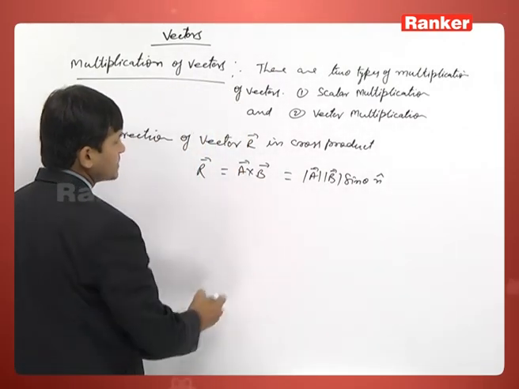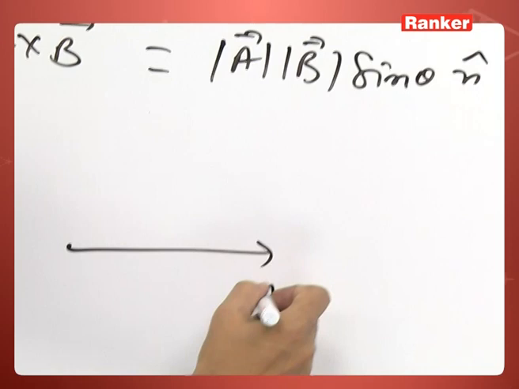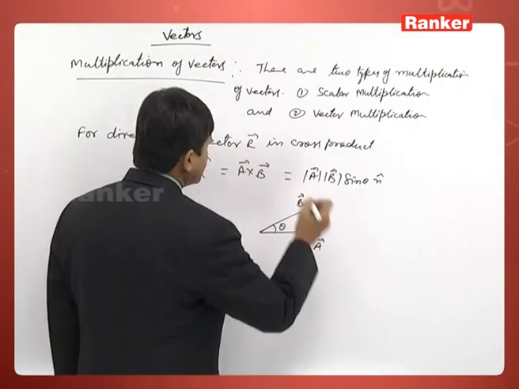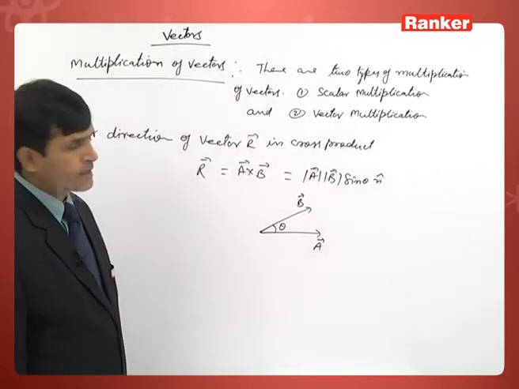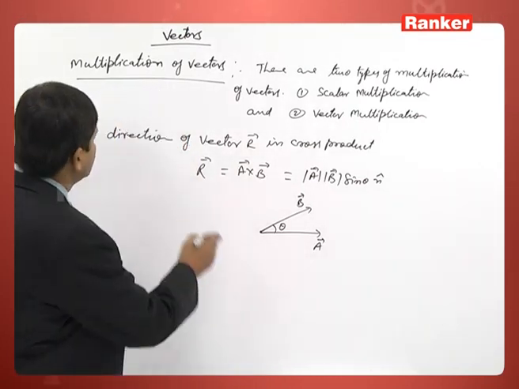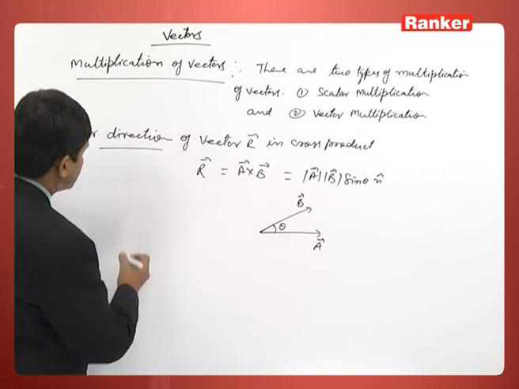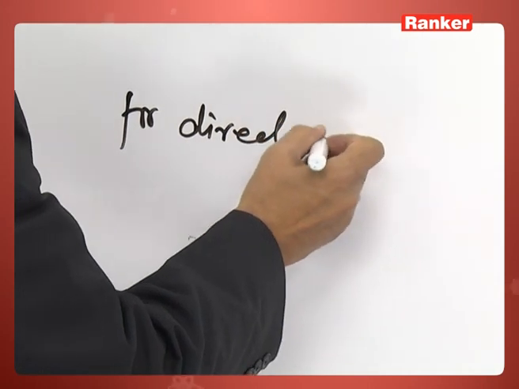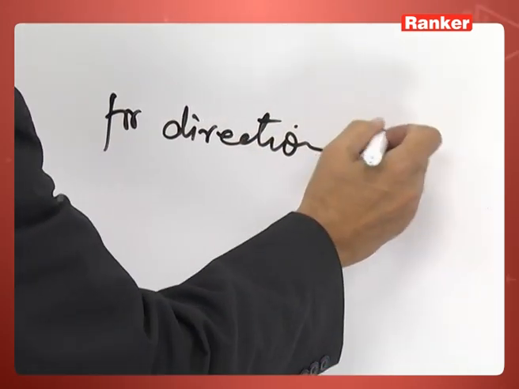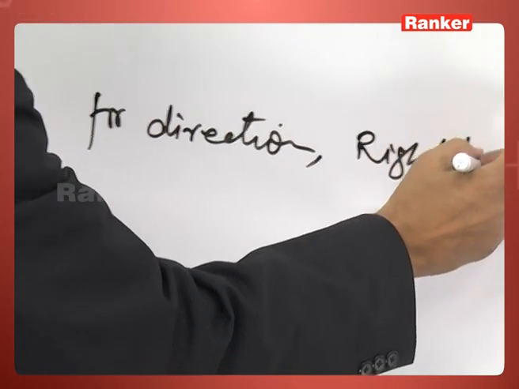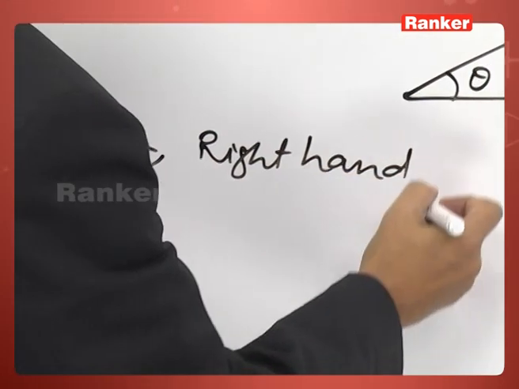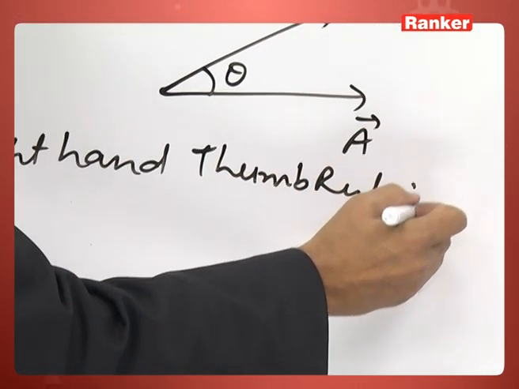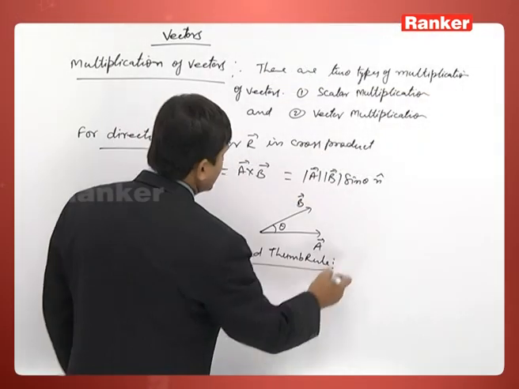It means here we are having two vectors, let A and B, and this is the angle between these two vectors. So, for direction, we will use the right hand thumb rule.